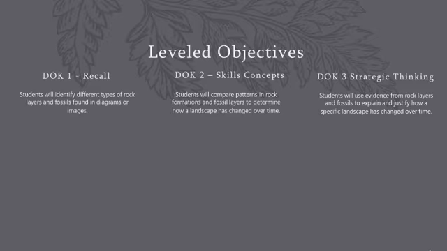And then finally, with depth of knowledge level 3, strategic thinking, students should and will use evidence from rock layers and fossils to explain and justify how specific landscapes have changed over time. Essentially, it's just saying that students should be able to use their knowledge from the prior two skills to apply to larger and greater concepts.